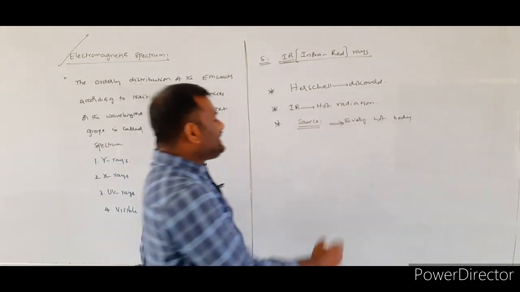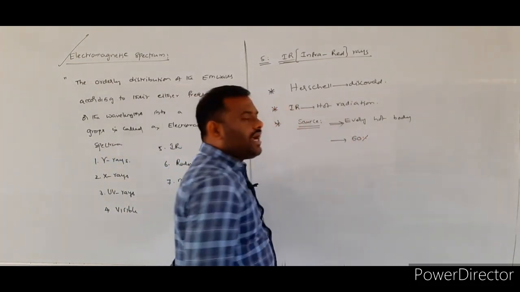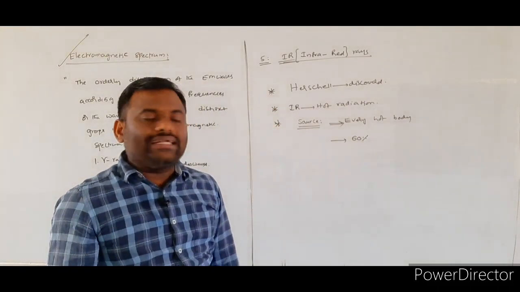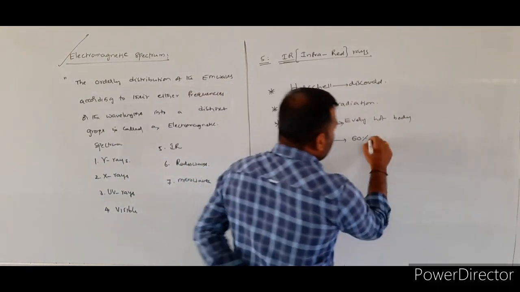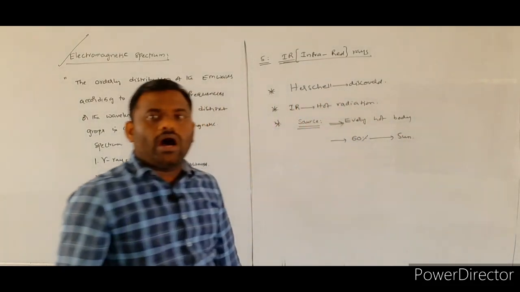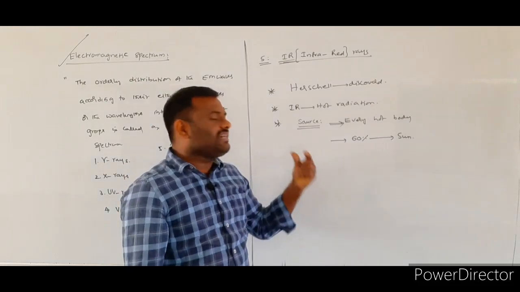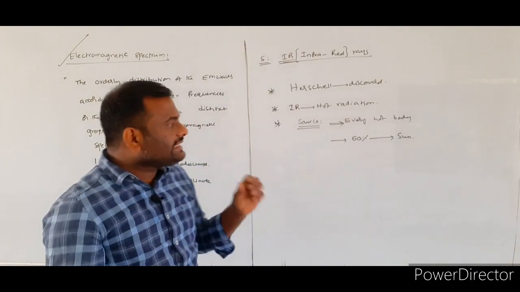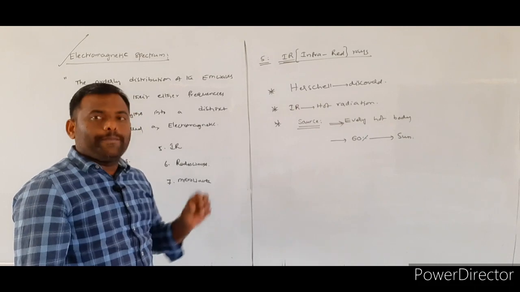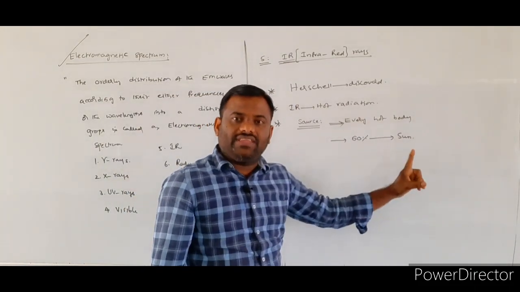But 60% of the IR radiation will be emitted from the sun surface. Since the sun is hotter, maximum IR radiation will be coming from the sun surface only.